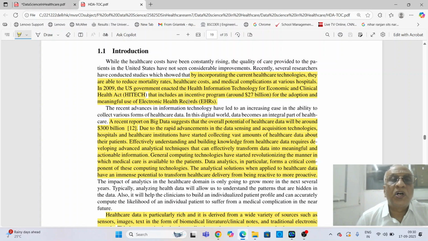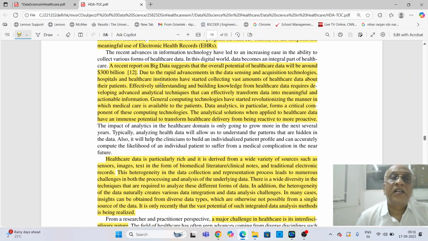So, the US government in 2009 enacted an act called HITECH, which stands for Health Information Technology for Economic and Clinical Health Act, which includes an incentive program worth $27 billion for the adoption and meaningful use of electronic health records. So big data is a good potential source for healthcare data, and it can reach up to $300 billion worth.